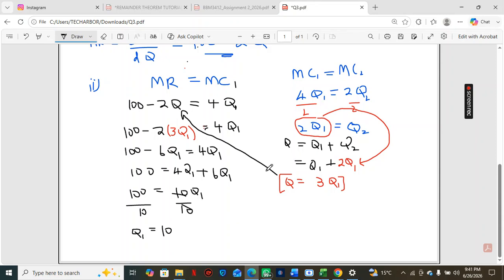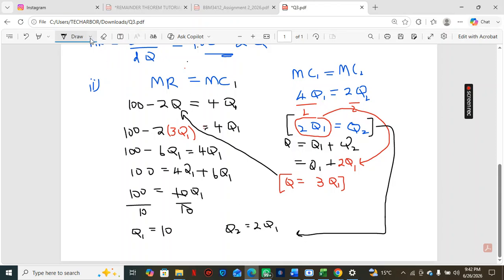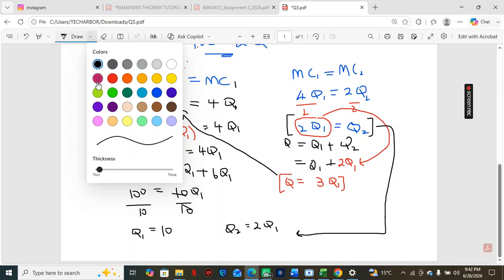Okay. So if we remember this expression, Q2 equals 2Q1, we're going to bring it back here again. And we're going to say Q2 equals 2Q1, when we simplified it. So we already know what Q1 is.